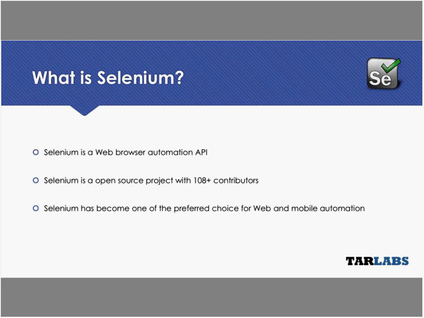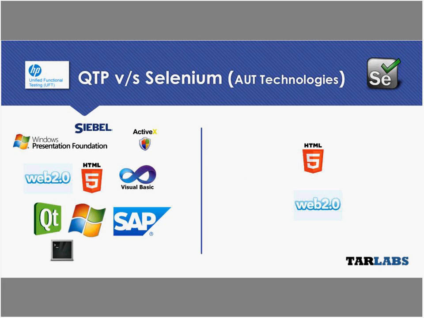Looking at some of the differences between the two tools. Starting with what kind of technologies you can test with QTP versus Selenium. As you can see, the slide is heavily loaded towards QTP.